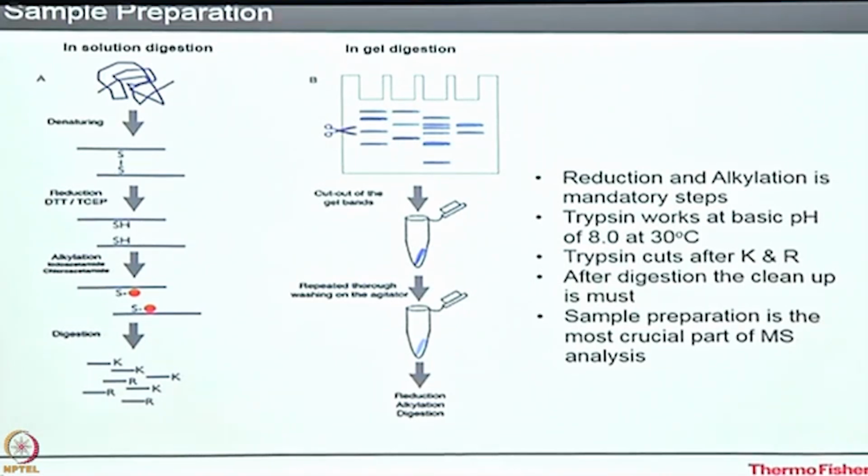Before injection into the mass spectrometer, we have to clean up the samples. For in-gel digestion it's fine, the samples come out pure. But in in-solution digestion, samples may contain some salts or other impurities, and that will block your MS analysis. That's why the cleanup procedure is very important.